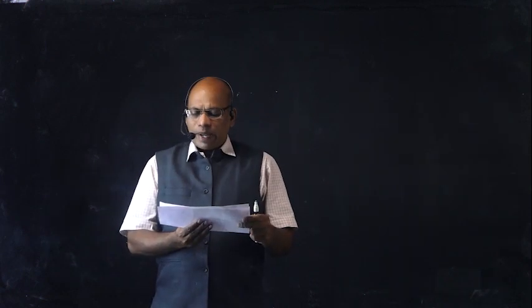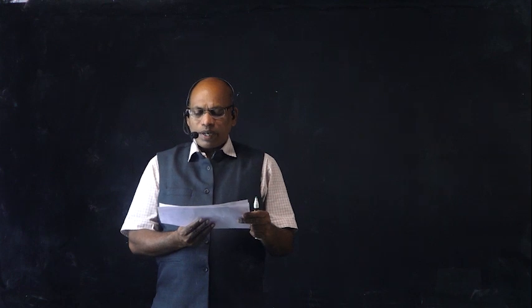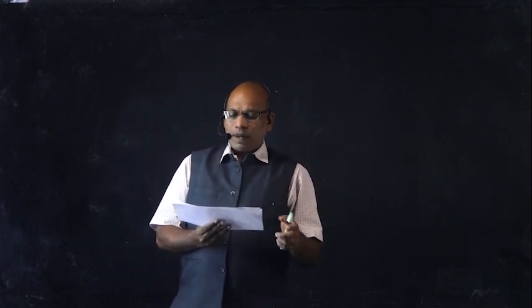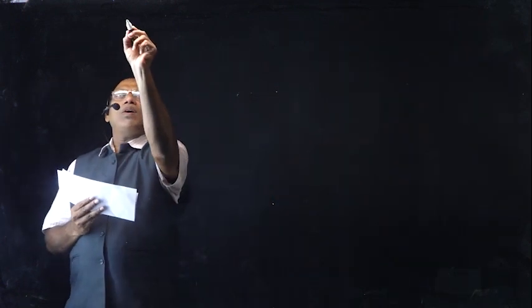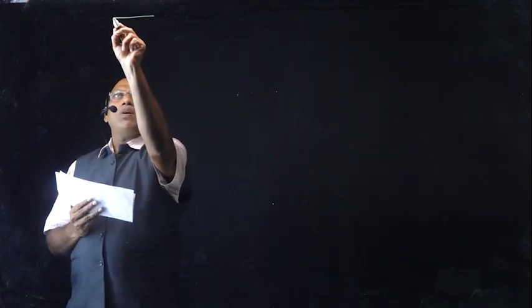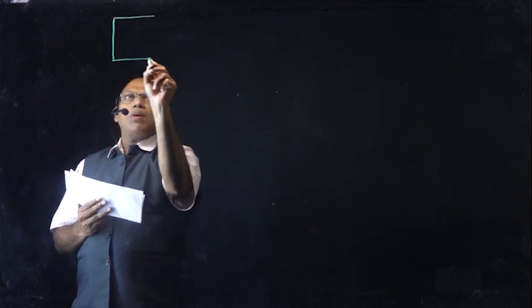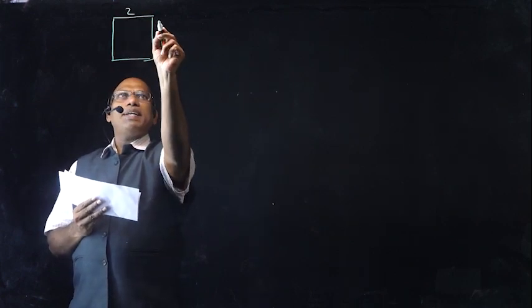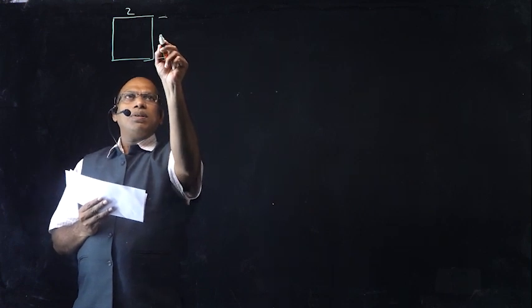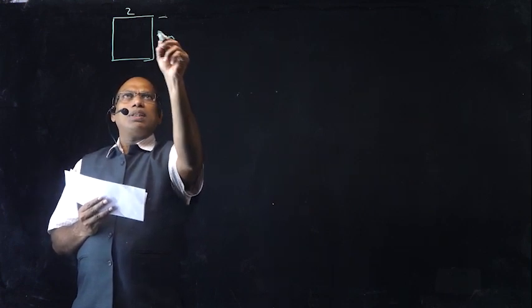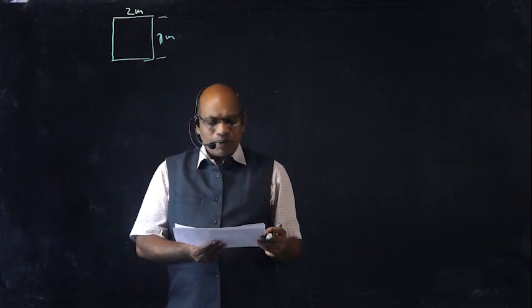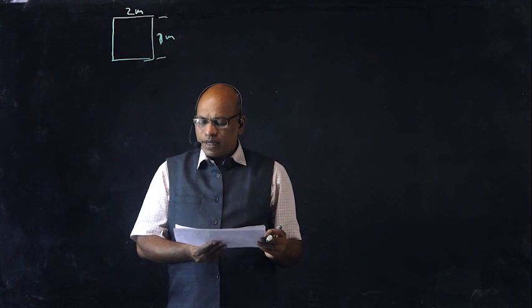A rectangular plane surface is 2 meters wide and 3 meters deep. It lies in a vertical plane in water.